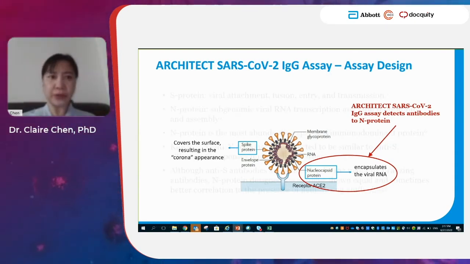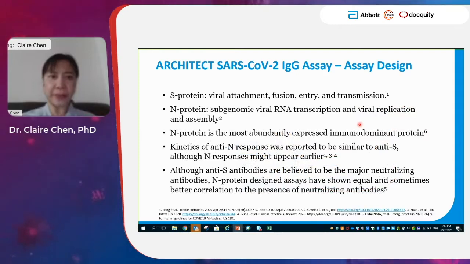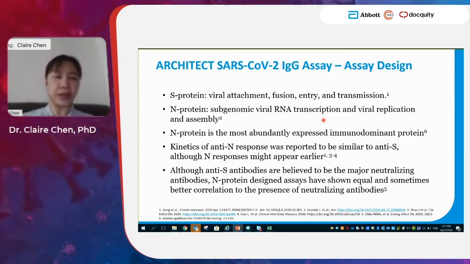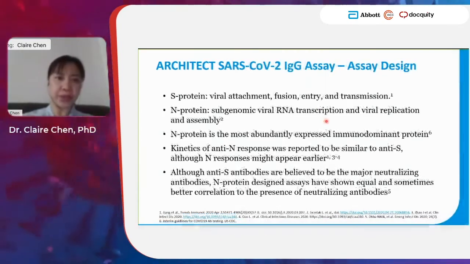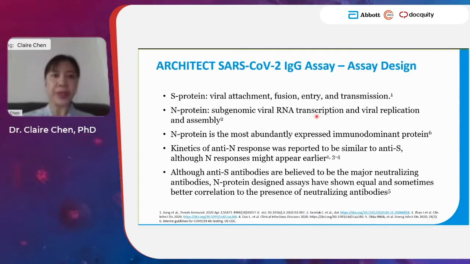A little bit more about the S protein and the N protein. The spike protein, or S protein, is responsible for the viral attachment, or the binding of the virus with the host cells. It also helps the virus fuse and enter into the host cells, and hence it helps the transmission.